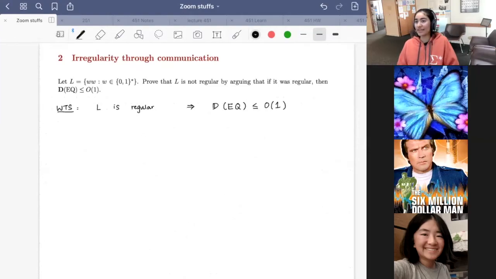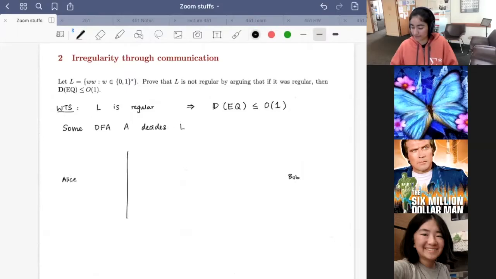All right, so let's think about how we might set this up. We know L is regular, so we've got some DFA, we already used D, so some DFA A for automata that decides L. And now we want to set this up in terms of Alice and Bob solving this equality problem using the fact that they both have access to this DFA A. So we've got Alice and we've got Bob.